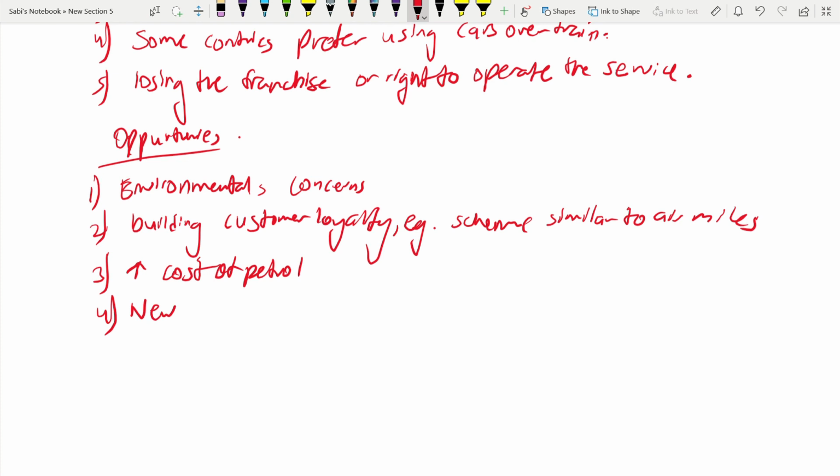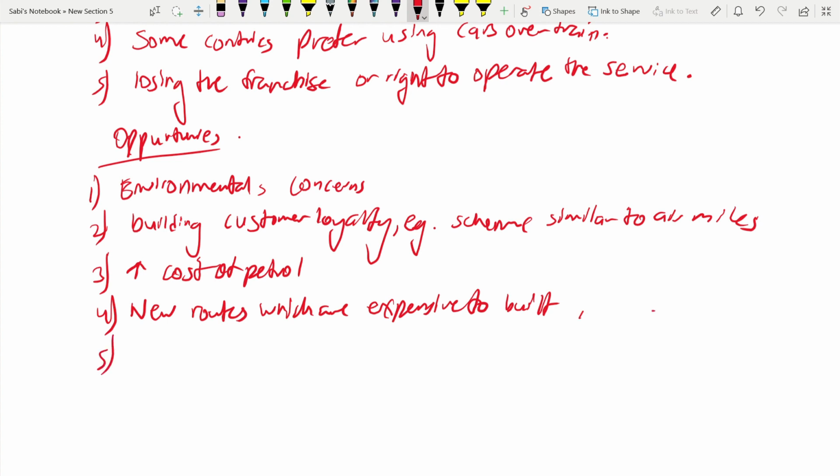So new routes which are expensive to build or expensive to develop, but once they're done, it's a barrier to entry for the competitors. Fill in the blanks.